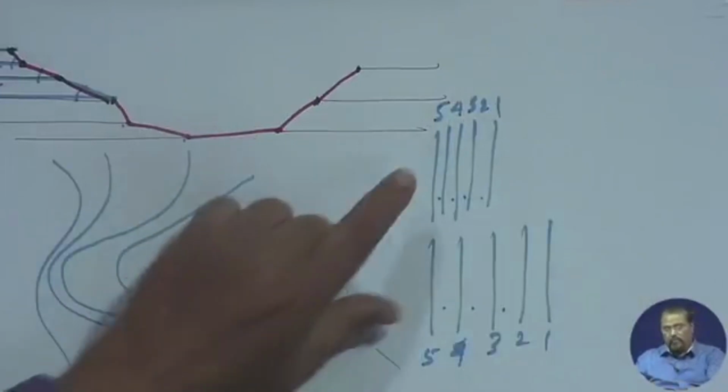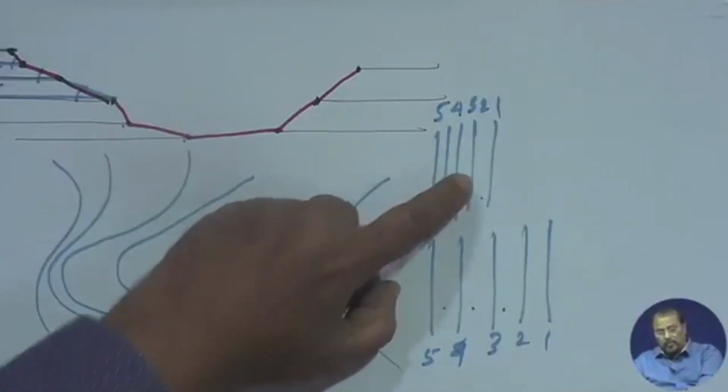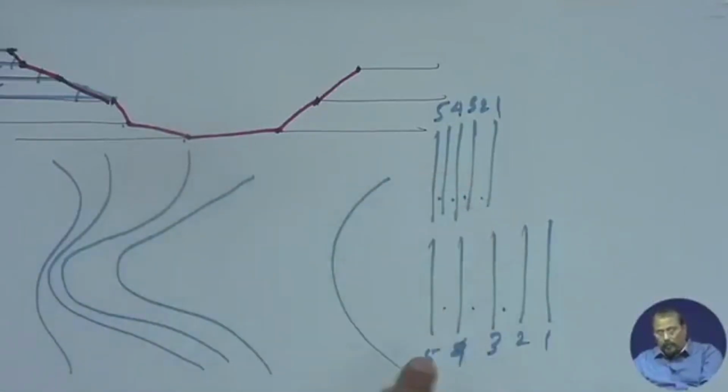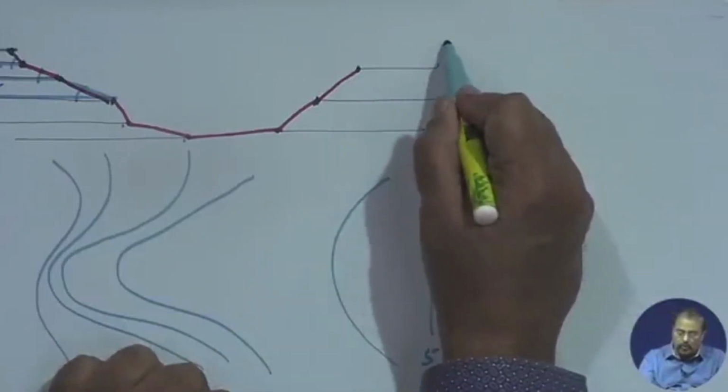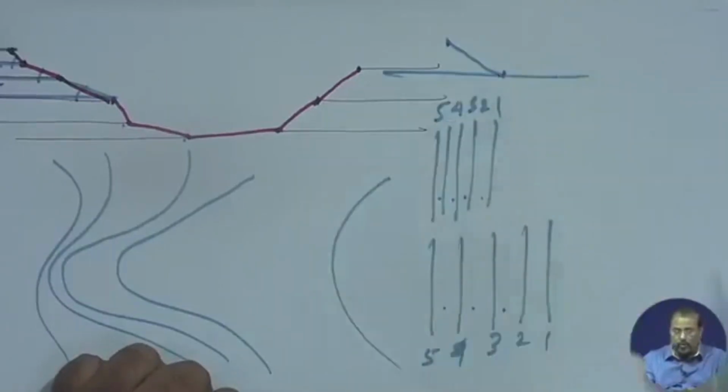In such case, the 5 is here, the same level. The 4 is nearer, 3 is nearer, 2 is nearer, and 1 is nearer, and they are equidistant. Here 4 is slightly apart, 3 is little apart from 4, and then 2 is little apart, but all this apartness is equal. In such case, what will happen is you will try to find out what is the first level here and what is the one level here, and draw the line with respect to horizon.